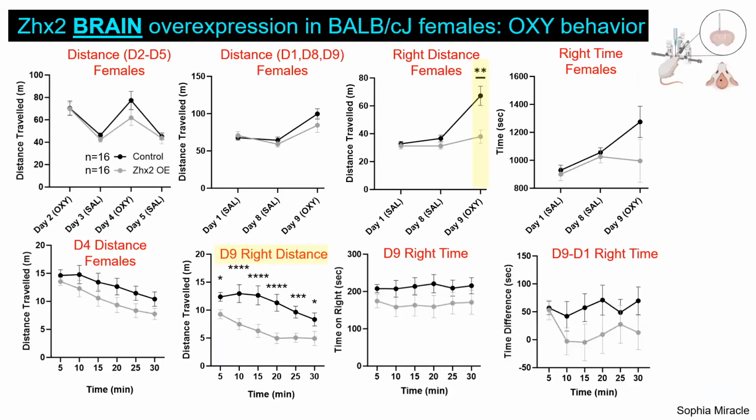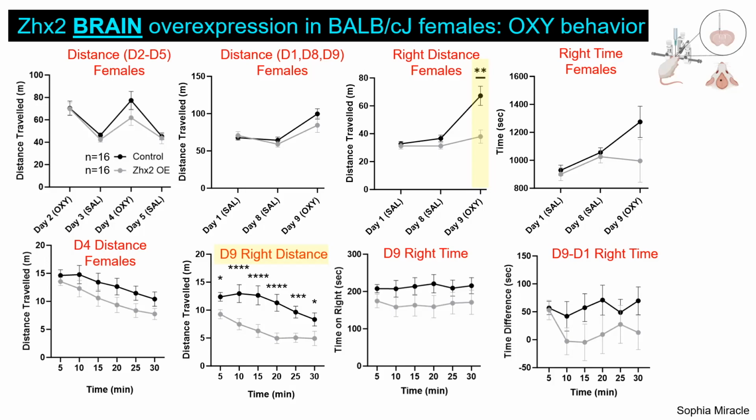And so what we've seen so far, and we've done this once, 16 controls and 16 of the overexpressions, we see, as we predicted, a decrease in oxy-induced locomotor activity, and this is correlated with place preference. So far, only the oxy-induced locomotor activity on day 9 during expression of preference is significant, but you can see things are trending in the same direction.